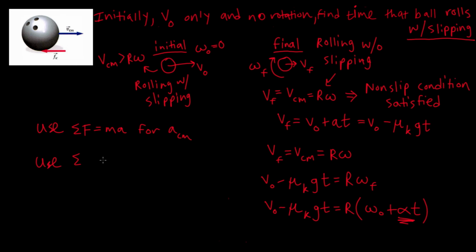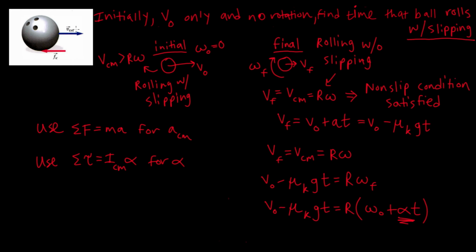So now we have to use Newton's second law, but for rotation. Now this formula is really similar to Newton's normal second law, but it says that the sum of the torques is equal to the moment of inertia of the object about its center of mass times its angular acceleration, and we use this since we're trying to find the angular acceleration.